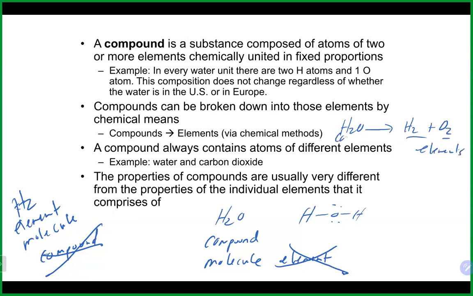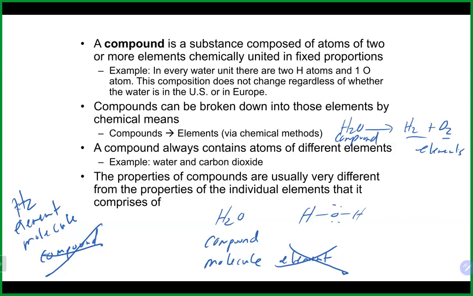So we could take our compound to its elements by running an electrical current over it. I don't know if we're doing it anymore, but we used to do it in this class. You take like a 9-volt battery, some water, and hook it up, and you could basically break apart water. You cannot go any further than elements. So once you hit the elements, that's again as far back as you can go.